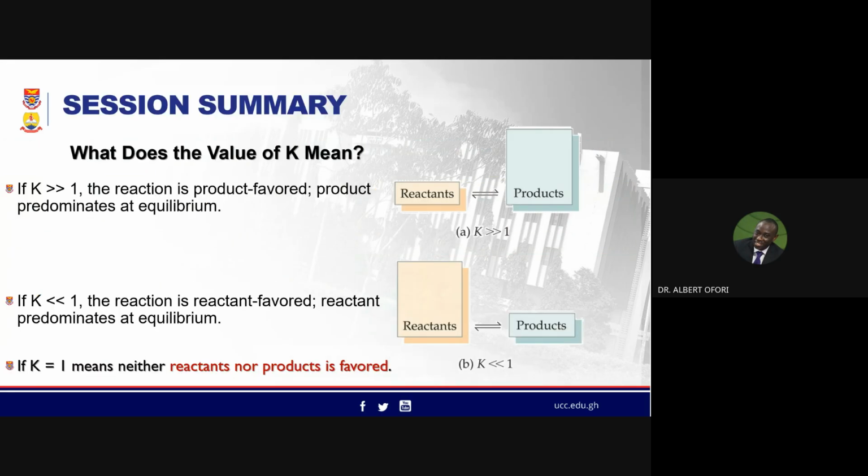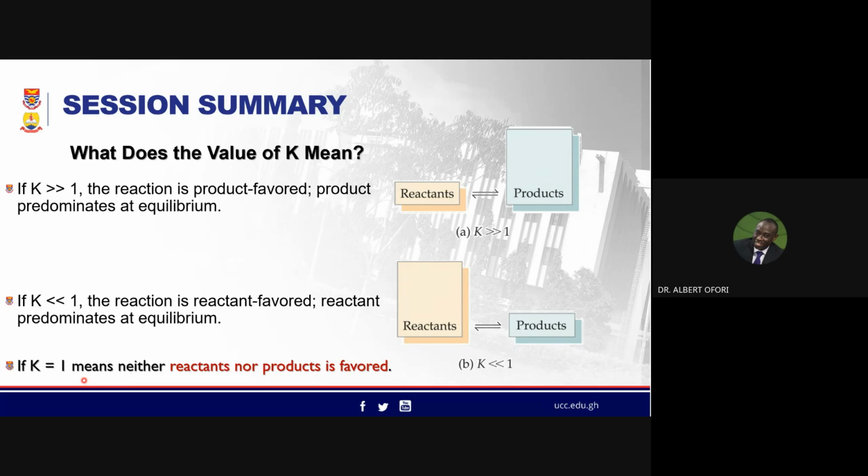But again, I've already established this by saying that when I calculate the K, what's the meaning of it? If it is bigger than 1, it means there's more product forming, so it favors product formation. If it is smaller than 1, it means the reactant is more favored.